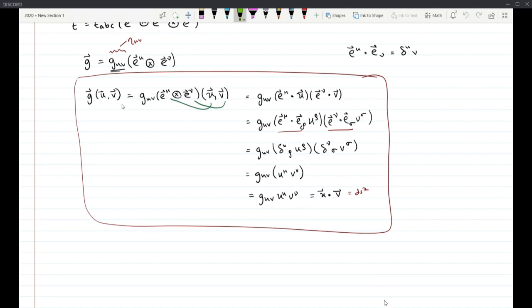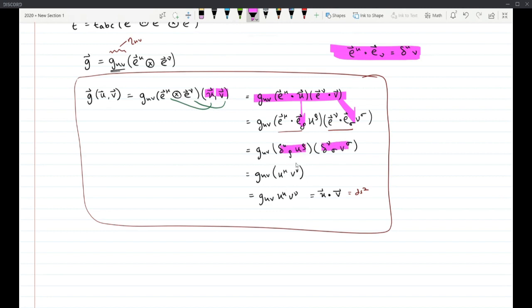So walking you through the calculation, I've just expanded G in terms of the outer product. I've said it's eating vectors U and V, so that's what I've shown you here. Then to simplify this further, I've expanded U in terms of its basis vector, and V in terms of its basis vector. I've used the property that when I have a vector dotted with the basis vector in its dual space, I end up with a Kronecker delta, which I've used here.